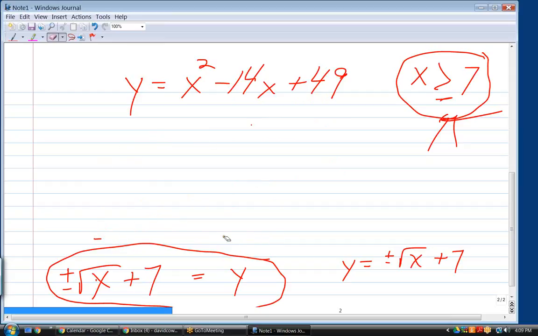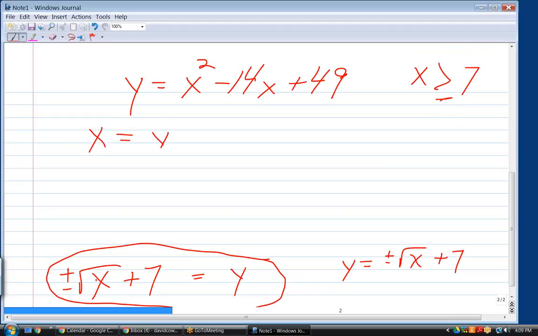Typically with quadratics, when I go to solve this quadratic, it's not usually very easy to solve. In other words, how do you solve this quadratic for y? Well, I could do it the way we did it, but there's another way to do it. And that is to treat x as a constant.